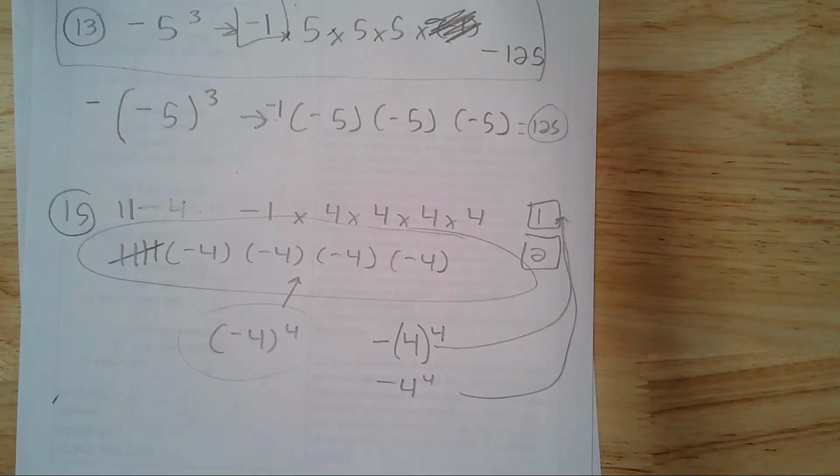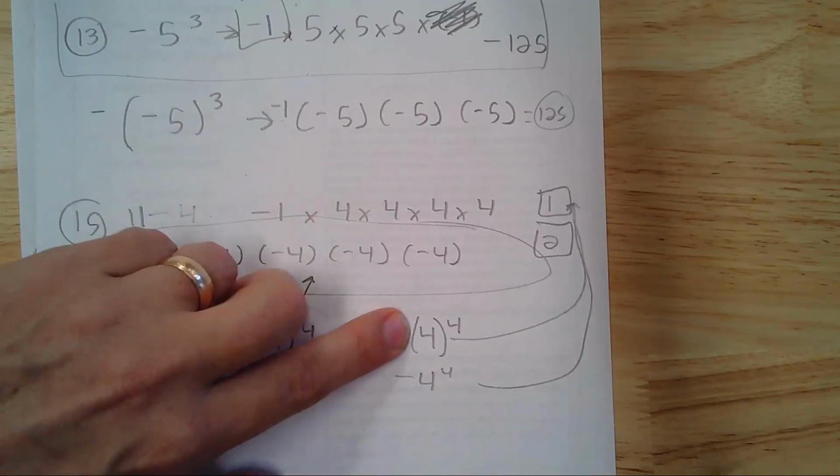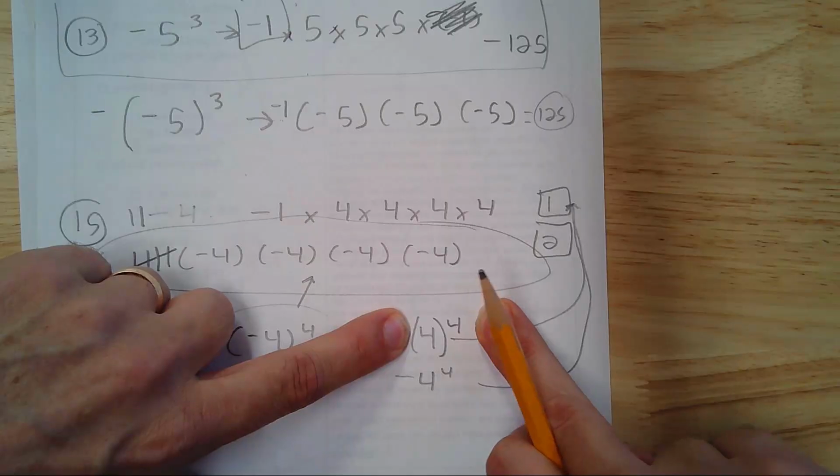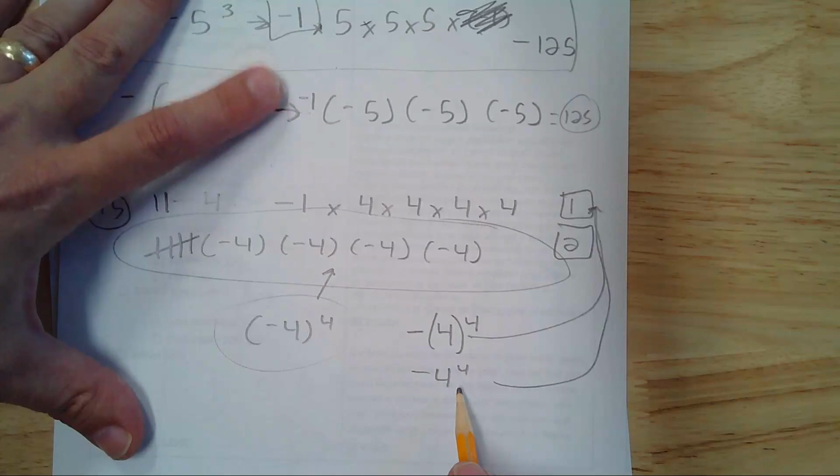If the negative symbol is outside of the brackets, then it is written like number 1. If it's outside of the brackets, it is representing the opposite of what? 4 to the 4th power, right. If it's outside of the brackets, or there are no brackets at all, it's like number 1.